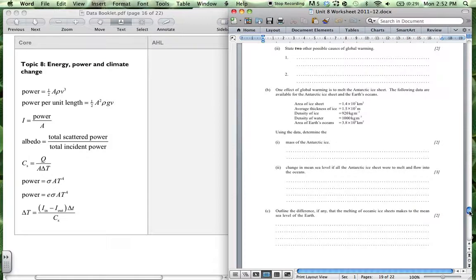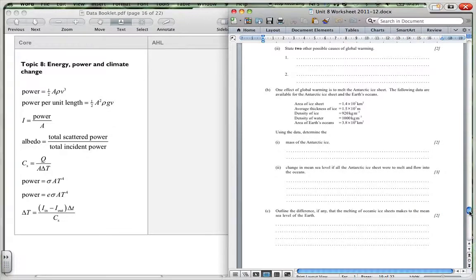And then the final question here for C, outline the difference, if any, that the melting of the oceanic ice sheets makes to the mean sea level of the Earth. Well, in the oceanic ice sheets, the ice is actually displacing the water. So your ice actually displaces the water, the H2O.